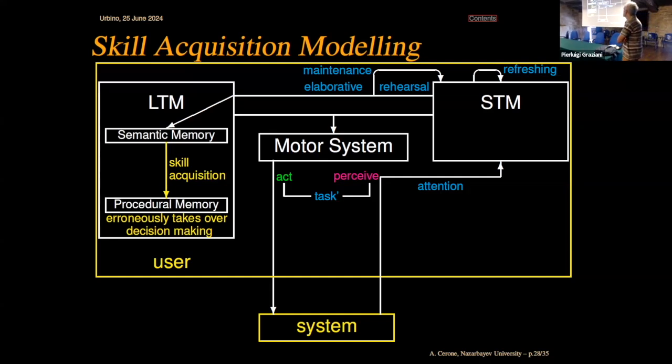For example, procedural memory may erroneously take over our decision-making process. Imagine that you drive to the office every day, but then on Saturday you want to drive shopping, you don't go to work. And suppose the supermarket where you go is halfway between your home and your office.